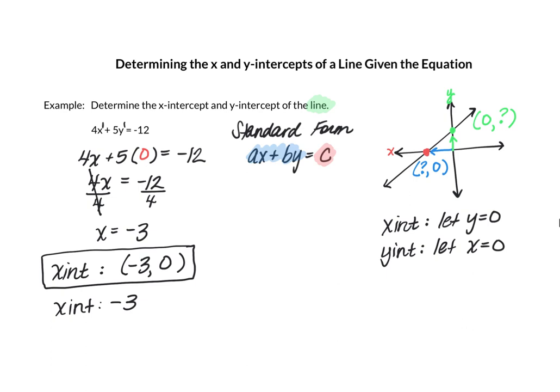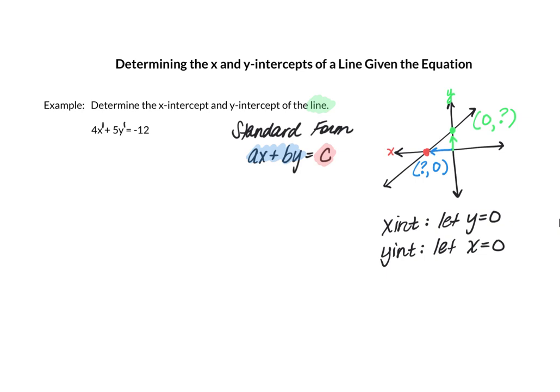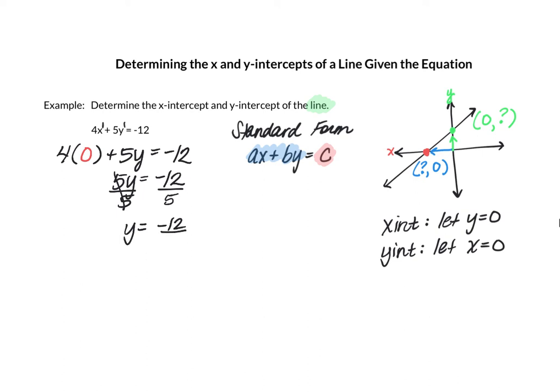In other words, we will substitute 0 in for x. Let's do that now. So we have 4 times x, but again, we are substituting in 0 for x, so 4 times 0, plus 5y is equal to negative 12. 4 times 0 is 0, so we have 5y is equal to negative 12, and then we divide both sides by 5. 5 does not divide evenly into negative 12, so we're just going to leave this as negative 12 fifths.